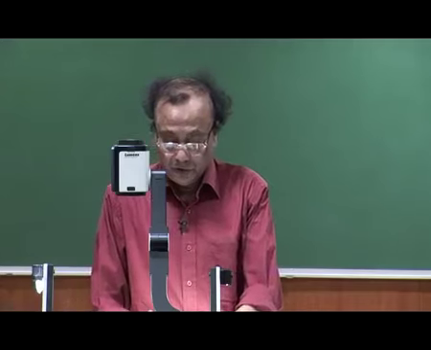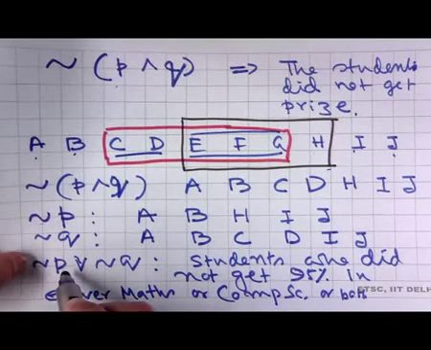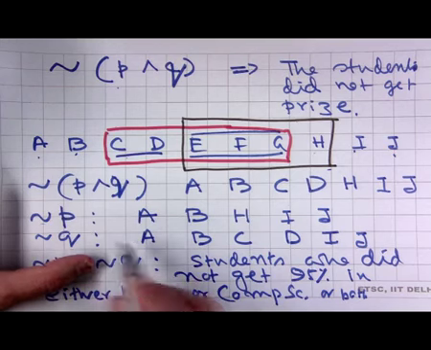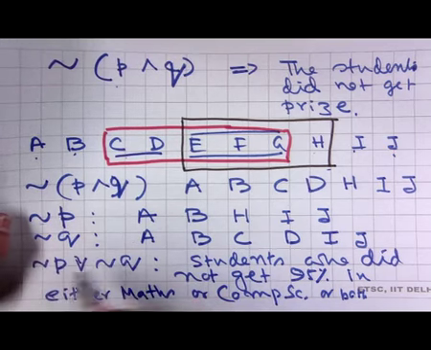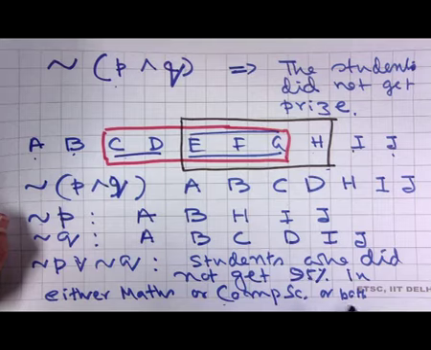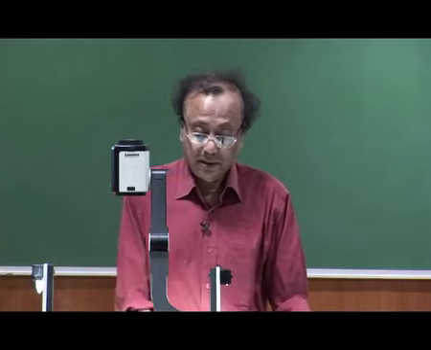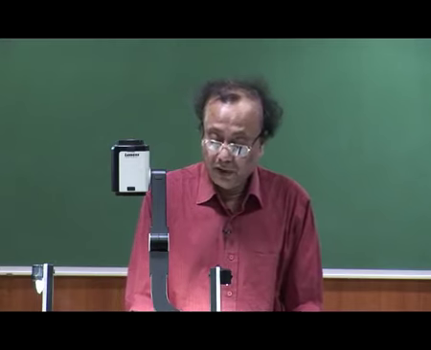So, not P is those who did not get in maths, not Q those who did not get in computer science. Therefore, not P or not Q is the students who did not get 95% in either maths or computer science. And therefore, what is not P or not Q?